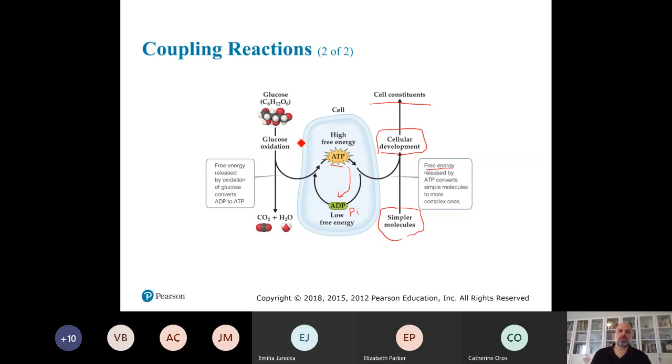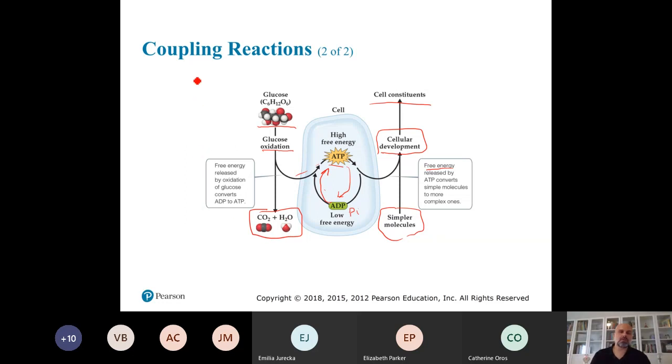And then we couple that with another reaction, where we take sugar, glucose, and undergo glucose oxidation. That process releases energy by this oxidation to convert ADP back up to ATP. This is a favorable process because we take one molecule of glucose and convert it to carbon dioxide and water.